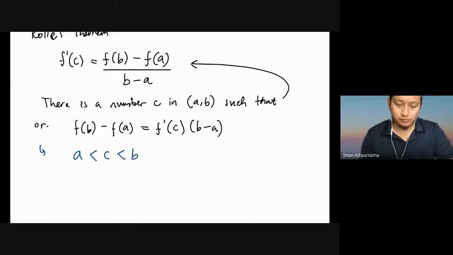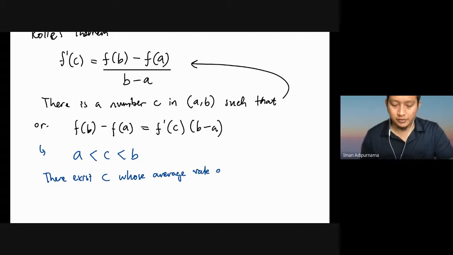Okay, we can actually write, there exists c whose average rate of change is equal to instantaneous rate of change.